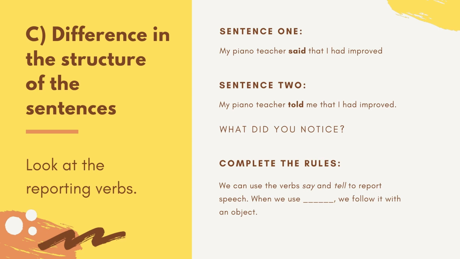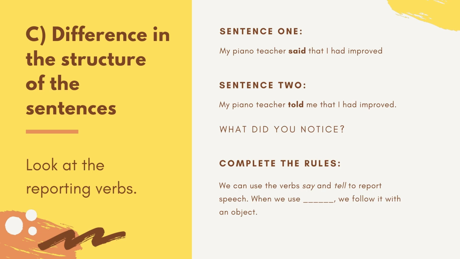Let's continue noticing the difference in the structure of these sentences. Let us look at the reporting verbs. So reporting verbs here are the words said and told. Let us look at sentences 1 and 2 together. In sentence 1, my piano teacher said that I had improved.